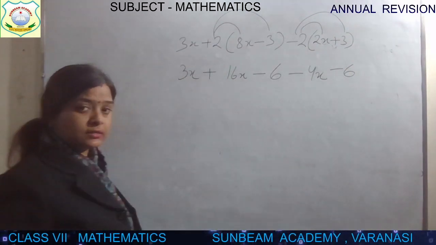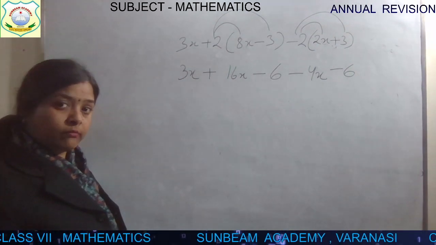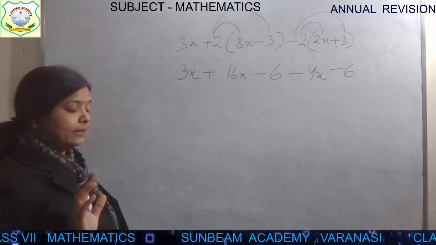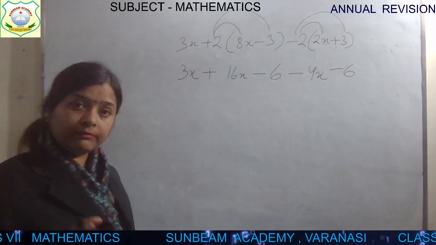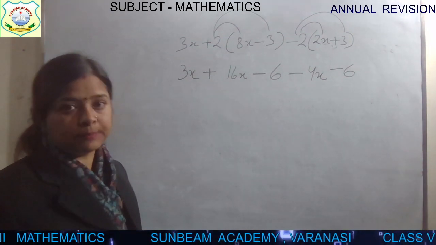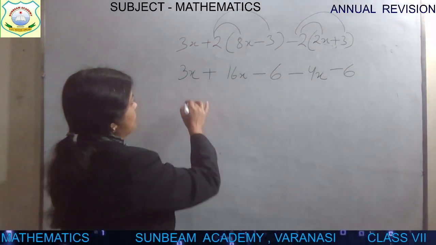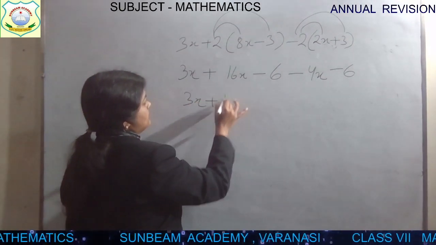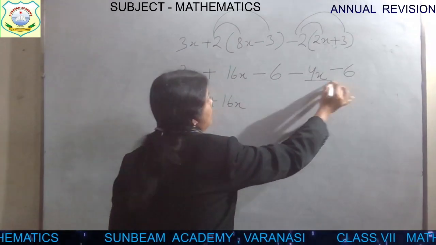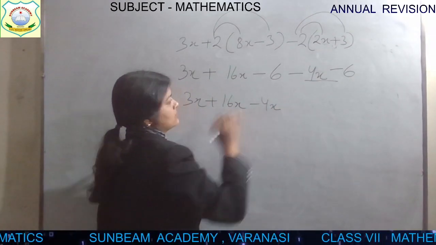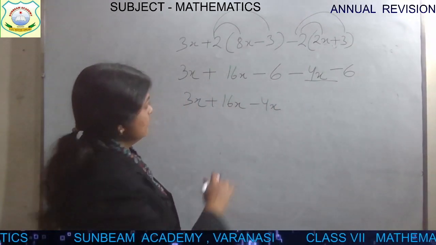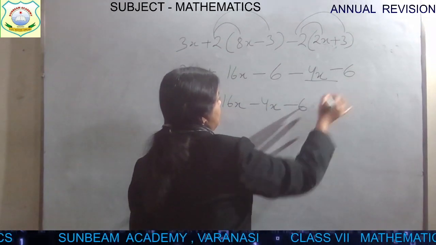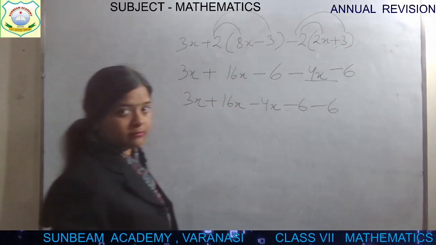So all the brackets are now open. Now what we will do? We will collect the like terms side by side and then we will do addition or subtraction. So 3x plus 16x and one more x is there, that is minus 4x. So write it side by side. Then minus 6 and minus 6, constant terms side by side.